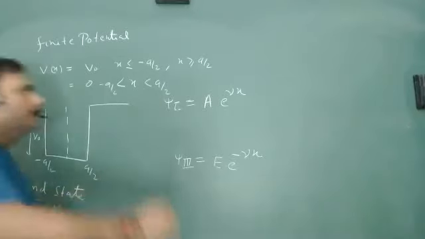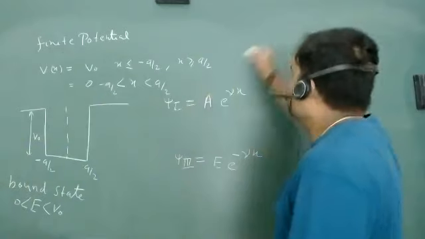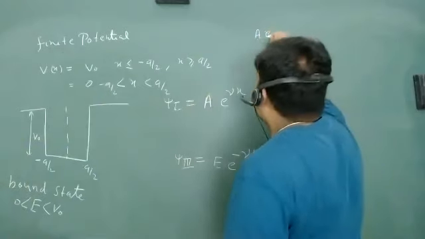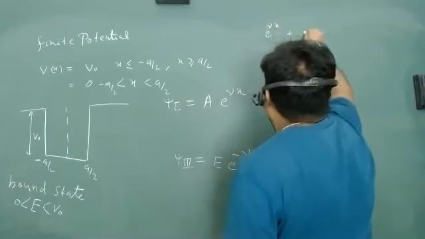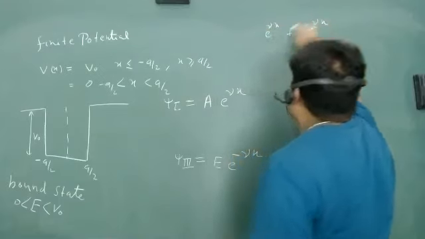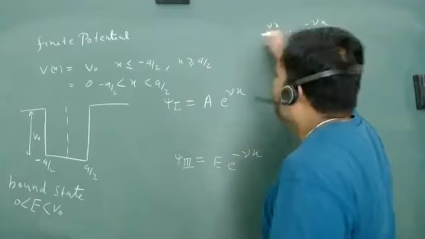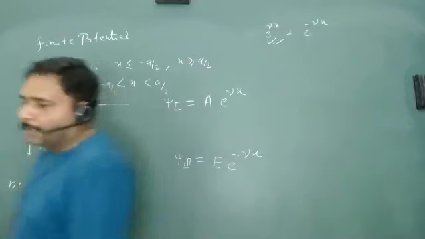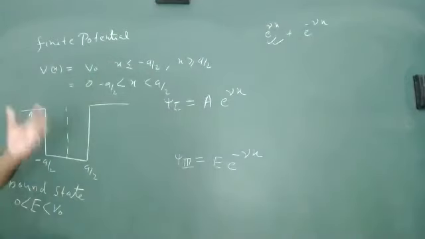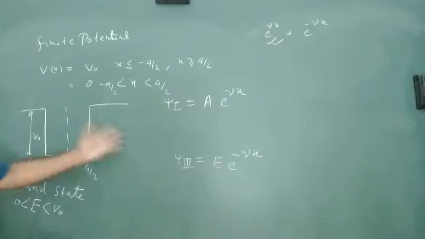So the actual solution in both regions is A e to the power gamma x and B e to the power minus gamma x. This is relevant for this region and that for the other, because the wave function must be exponentially decaying in these two regions. We have done this in the step potential, remember?